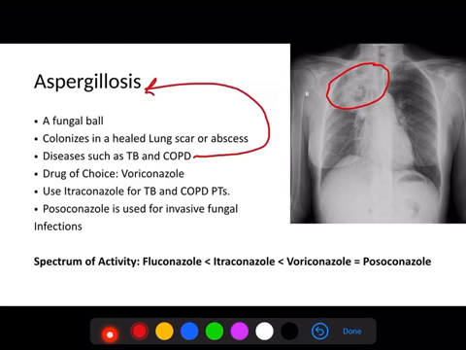The drug of choice for aspergillosis would be voriconazole, which is also an inhibitor of lanosterol alpha demethylase. You can use itraconazole for patients with TB and COPD. Lastly, posaconazole is used for invasive fungal infections. An important aspect to consider for aspergillosis is that fluconazole is not effective.